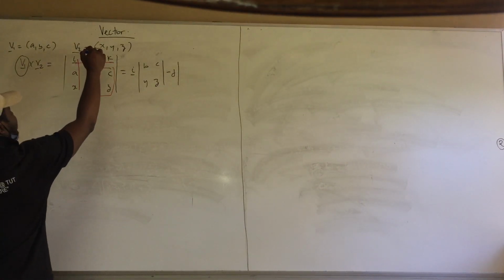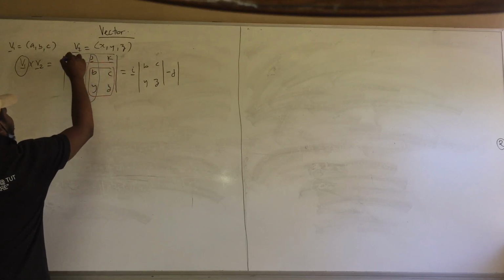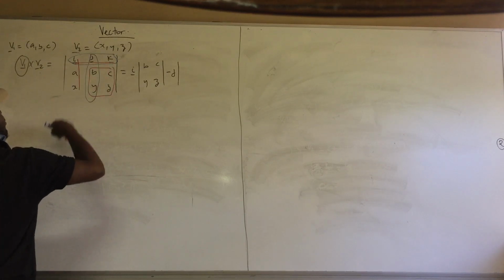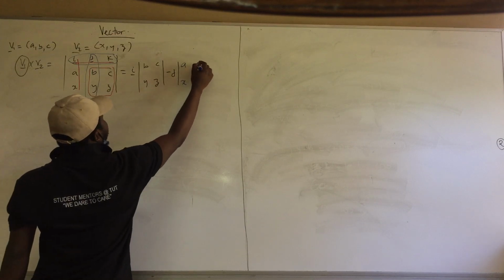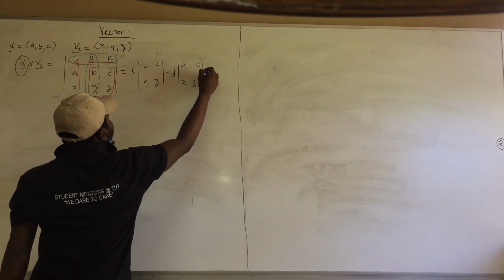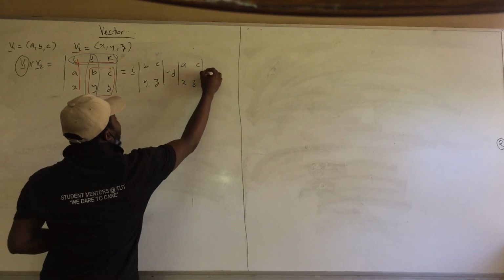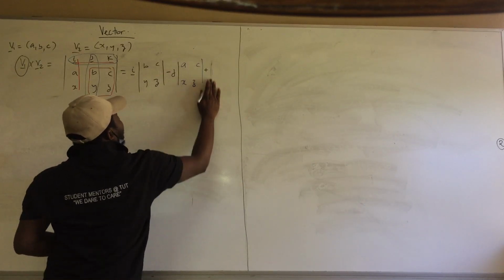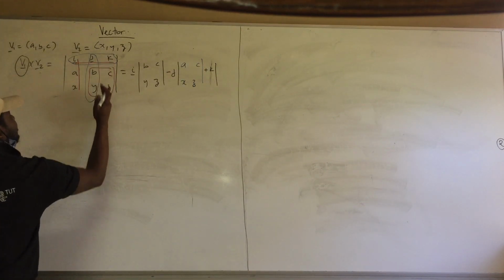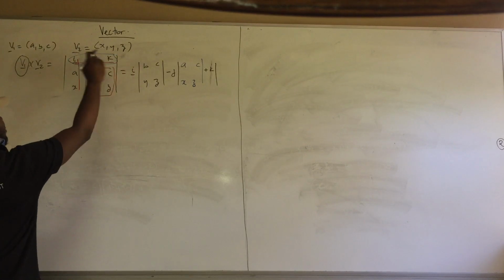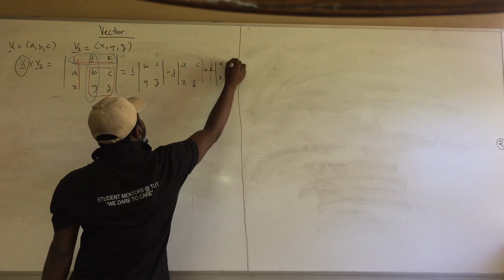If I'm sitting on J, I'm going to hide this row and that column, so I'll write A and X and C, Z. And then plus K. When I'm sitting at K, I'm hiding this line and that one, so it's going to be A, B and then X, Y.